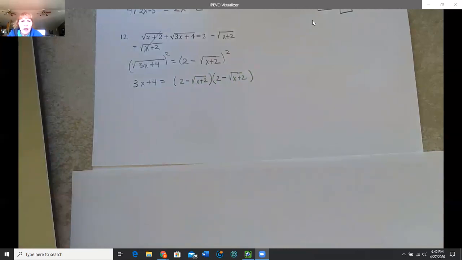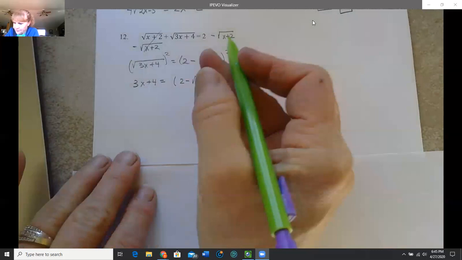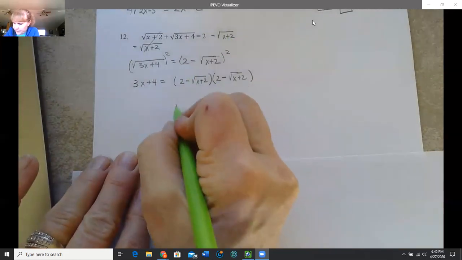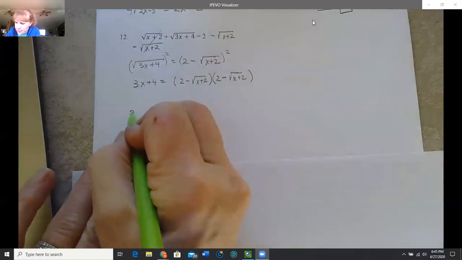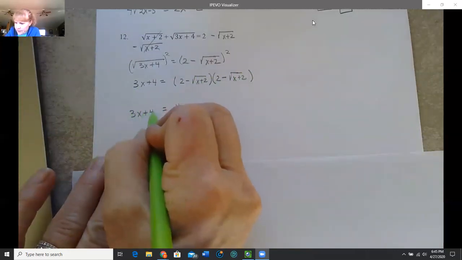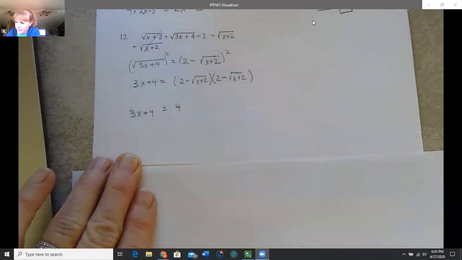We're going to take first times the first, 2 times 2, which gives us 4. I'm going to move it down here. And the 3x plus 4 stays, because that just got rid of the radical.